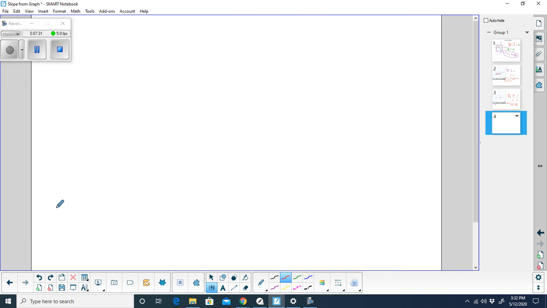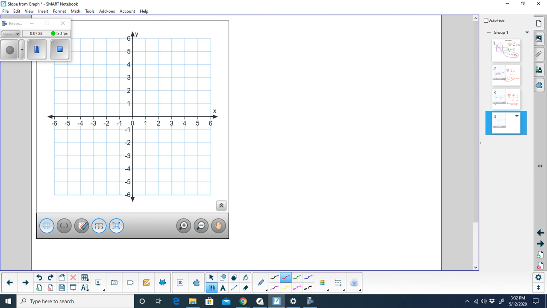All right. Now the last case, and if you haven't figured it out, it's going to be a graph that literally goes straight up and down. All right. Straight up and down. So we have, for example, this point here and this point there. Let me put that here actually.